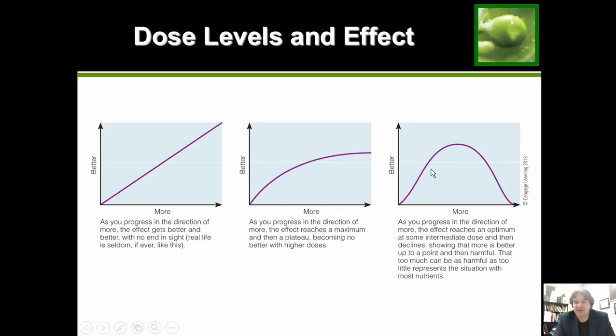Unfortunately, with some vitamins and even other nutrients, the more you take is better for you up to a point, and then it plateaus, and then it starts getting worse for you. So if you have too much of a vitamin, it might actually have harmful effects to you. And so therefore, for some of these vitamins, we have upper level intakes, which are kind of a maximum amount of dosage that you should ever have in a day.